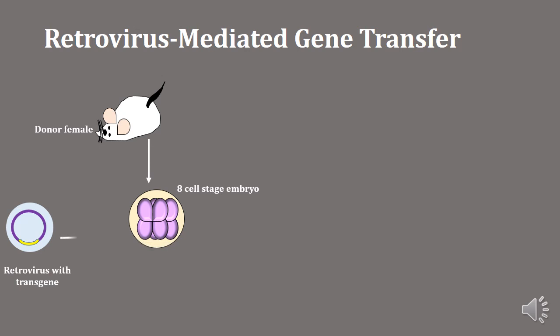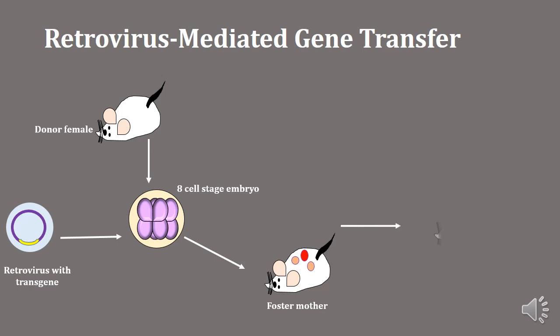This 8 cell stage embryo will then be infected by the retrovirus which contains our gene of interest and it will insert our gene of interest into some of these embryonic cells. This embryo will then be implanted into the foster mother, which will lead to the production of the transgenic offspring.